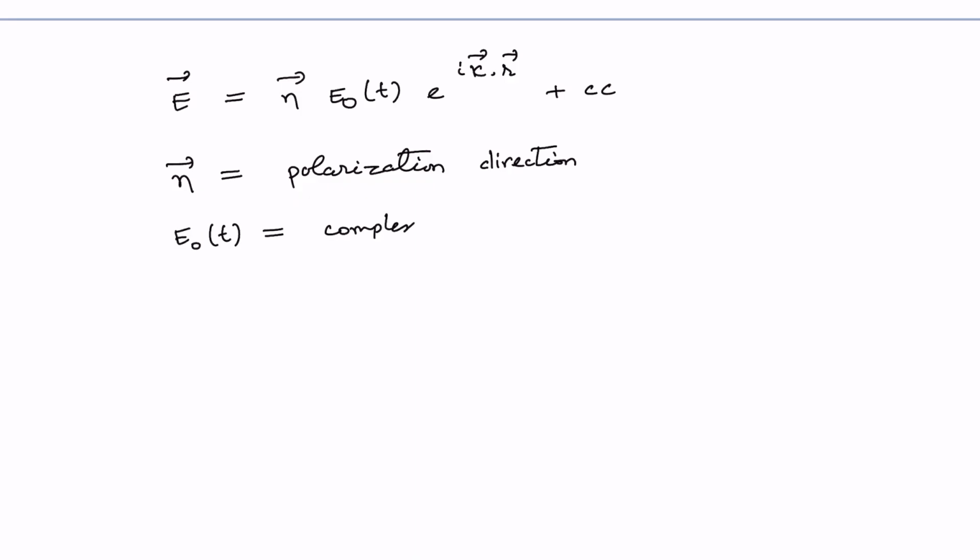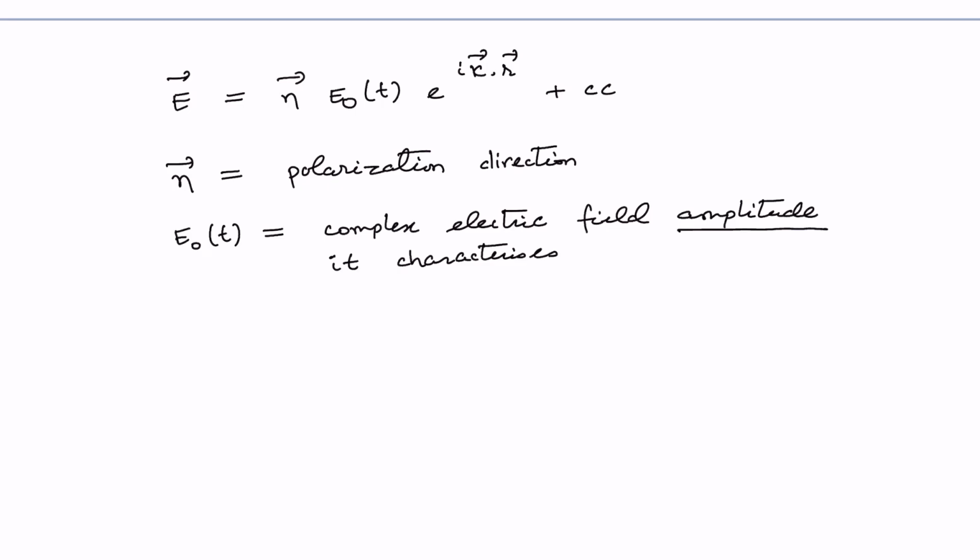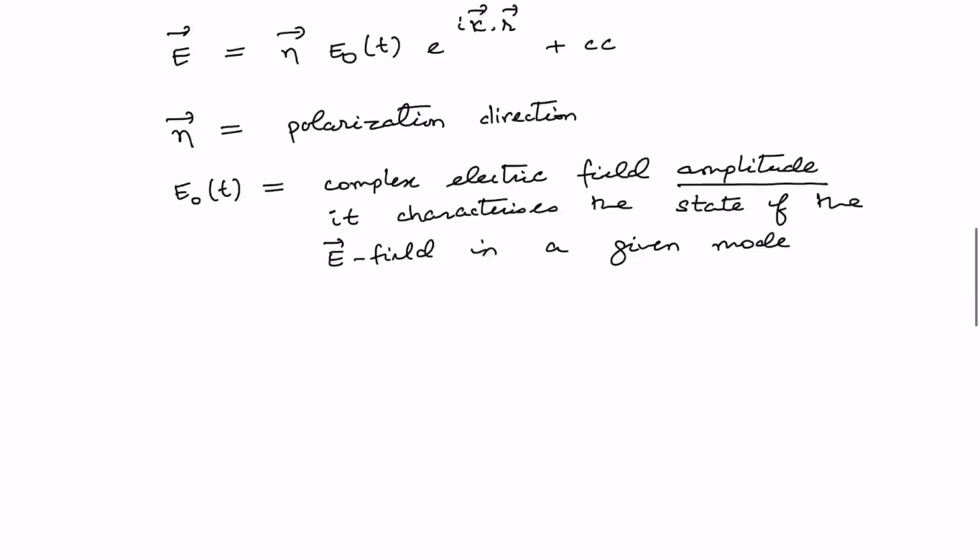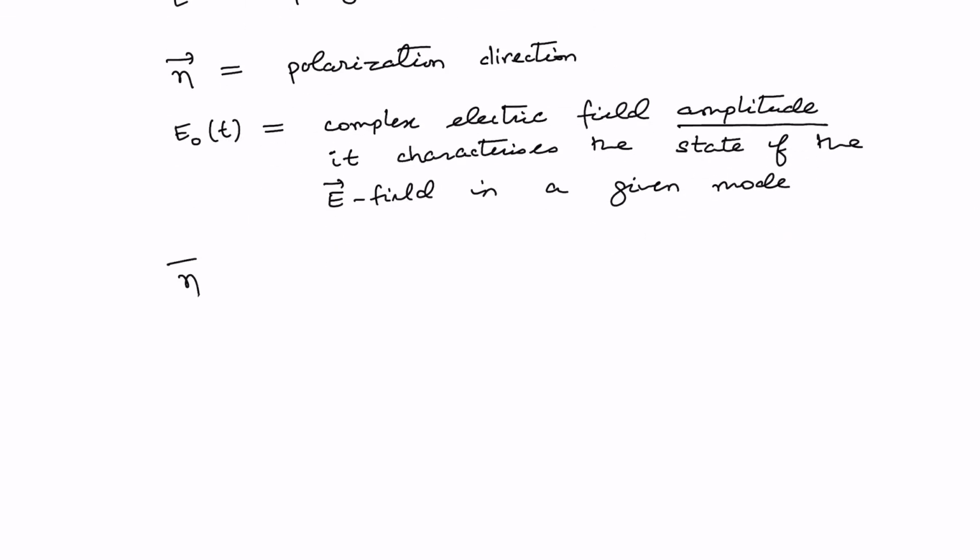This is the complex electric field amplitude, and it characterizes the state of the electric field in a given mode. And also you know that this polarization direction is perpendicular to the wave vector.